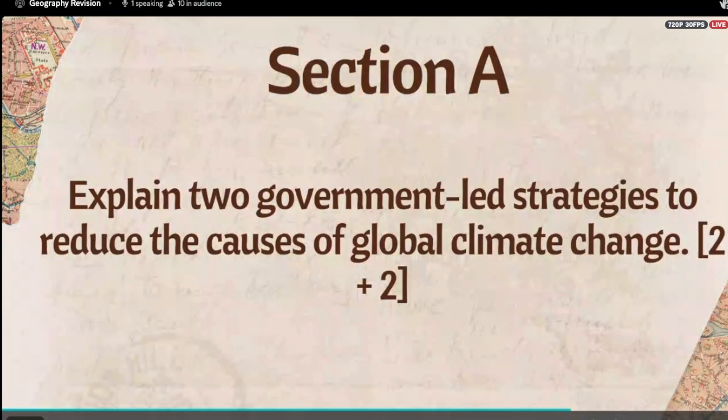The problem with 2+2 is unless they specify that they want an example, you don't give an example. As you can see in the mark scheme, it talks about planning committees, government sponsored geoengineering strategies, local government strategies such as recycling.